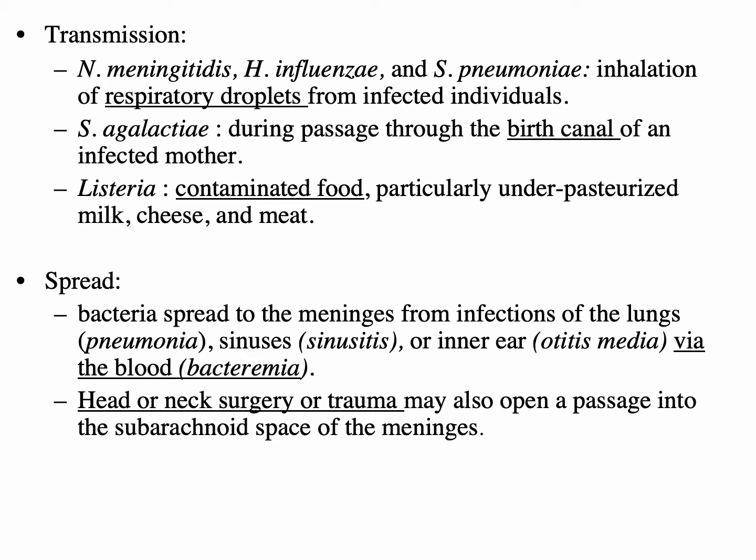So they get into the blood, and then obviously the circulation of the blood will carry them to all parts of the body, including a structure found in the central nervous system called the choroid plexus, where the bacteria can spill over to the other side of the membrane of that choroid plexus and get entry into the central nervous system.